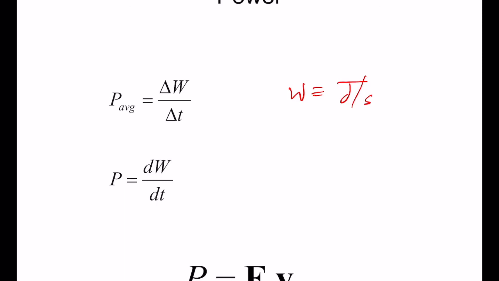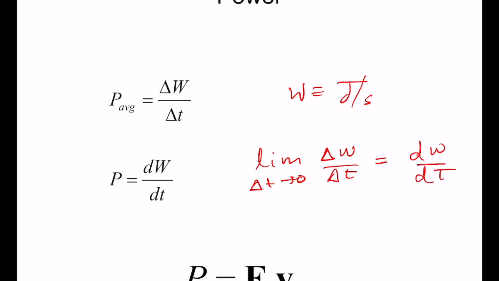So that just means the limit of delta W divided by delta T, where delta T is a vanishingly small interval, right? From calculus you know that this is just the definition of the derivative. So this is just dW dt, and that is the definition of the instantaneous power, the derivative of the work done.